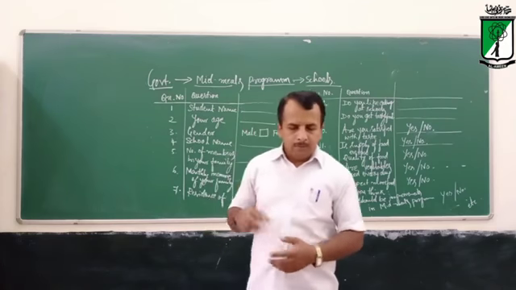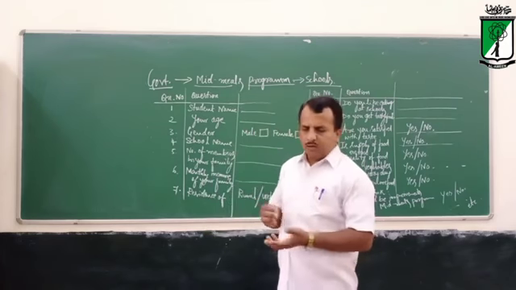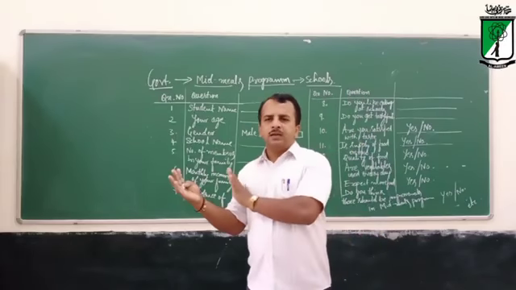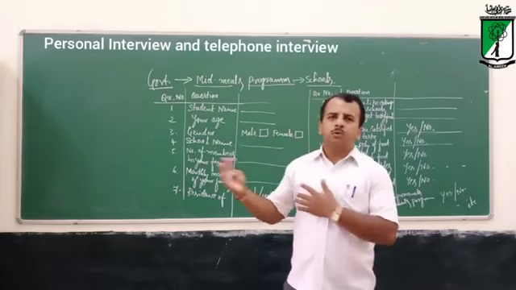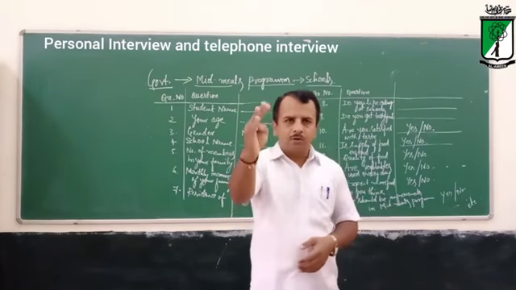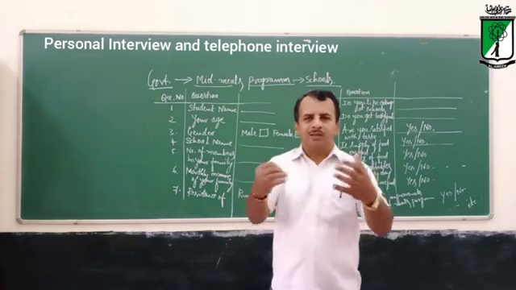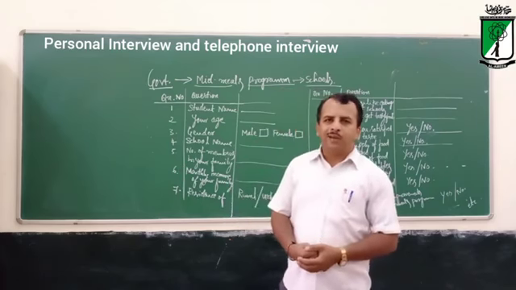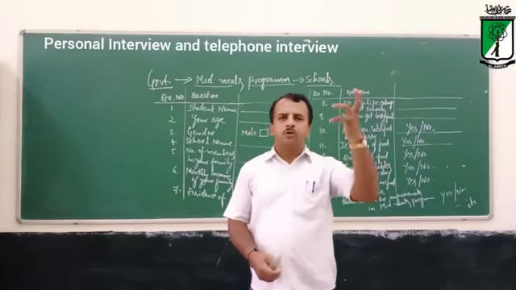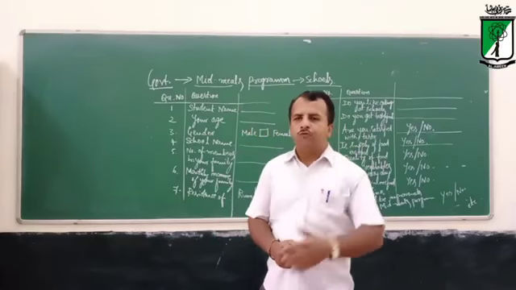Then I also explained the differences between personal interview and telephone interview. In a personal interview, you directly visit the field and collect the information from the respondent for the first time, whereas in a telephone interview, you collect the information through phone.